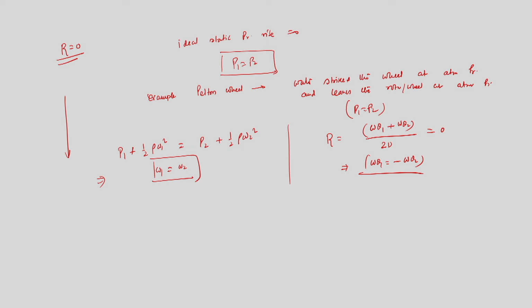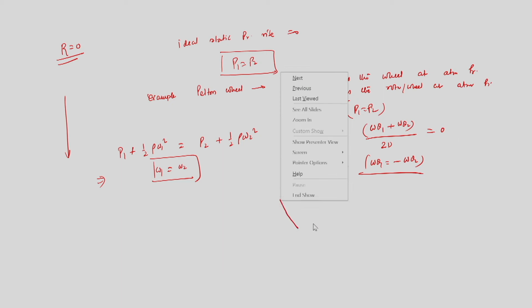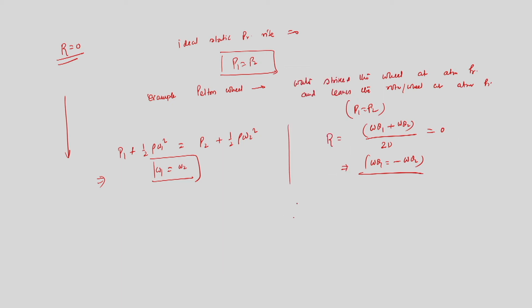If you try to draw the velocity triangles, that is very important, because as I said, the degree of reaction is a function of velocity triangles. So, now suppose I am drawing this. This is C1, and I am making it dimensionless by u. This is W1 by u and this is u by u.